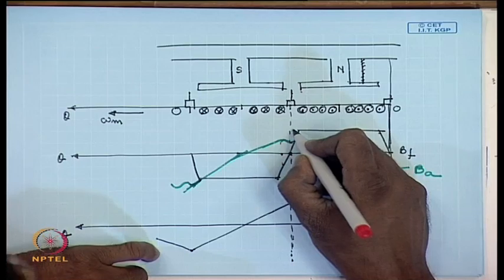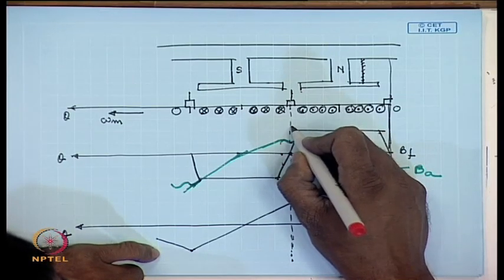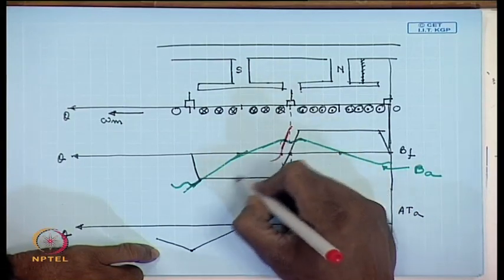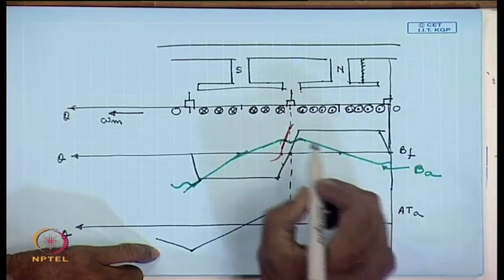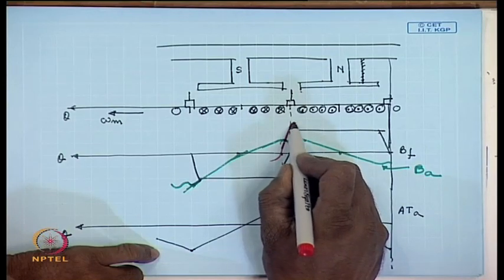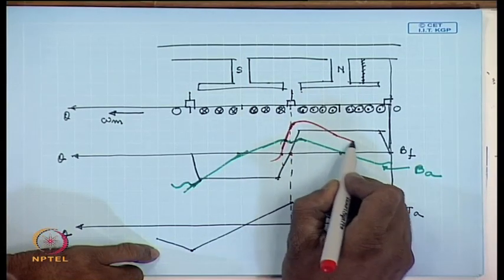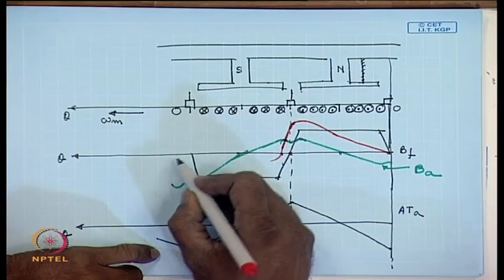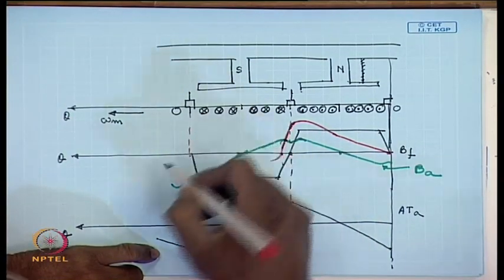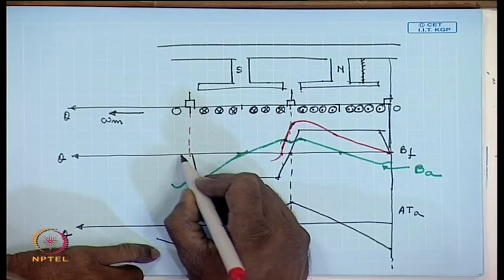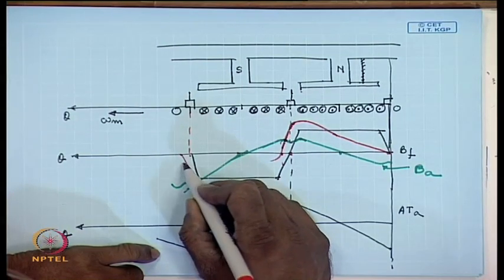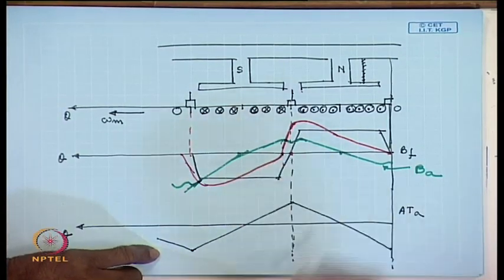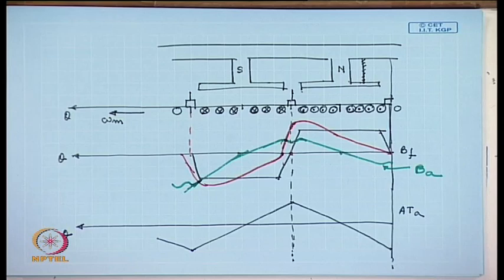The resultant flux density waveform will be distorted and will be given by this red line.